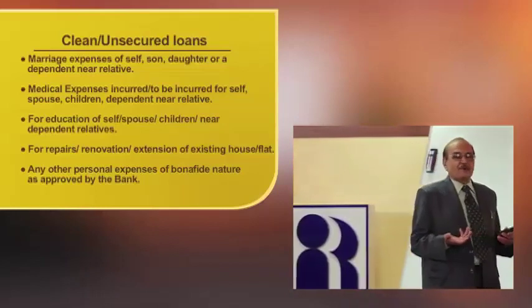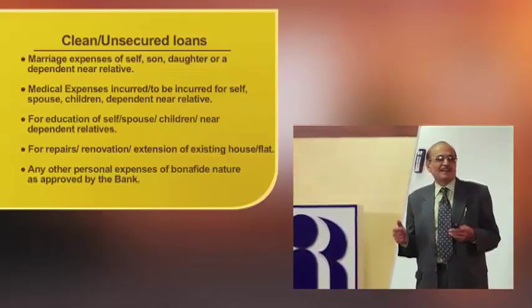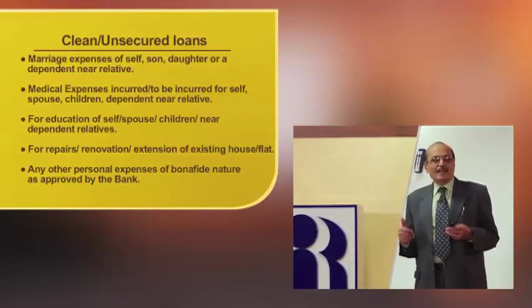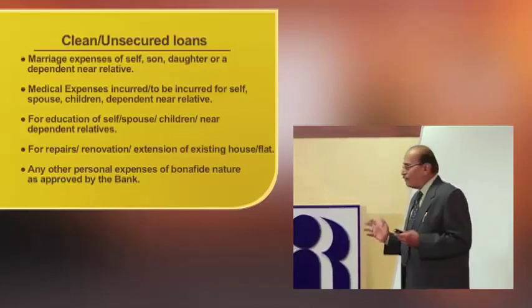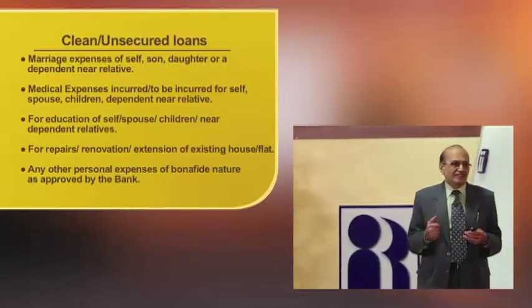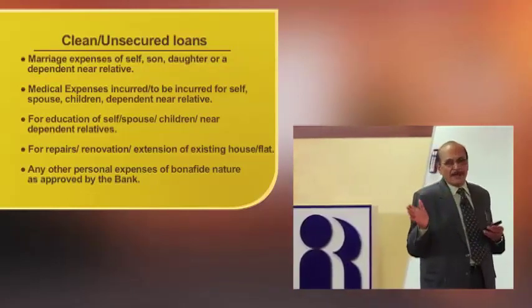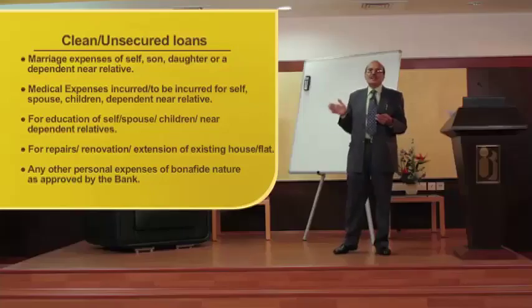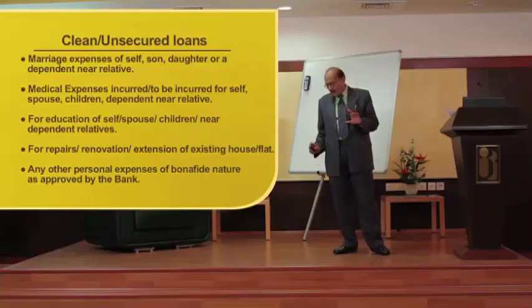Loan is also sanctioned for meeting the educational expenses of self, spouse, children. The loan can be utilized for repair, renovation, or extension of an existing house, or any other personal expenses of bona fide nature as approved by the bank. That means the loan is sanctioned according to the policy devised by each bank.